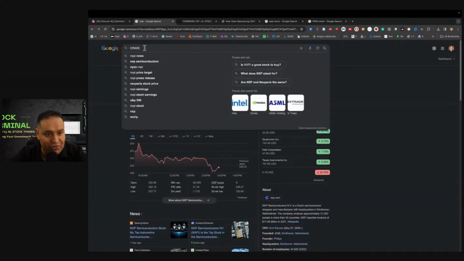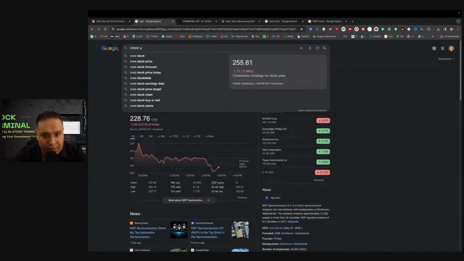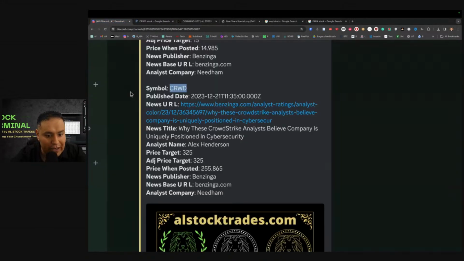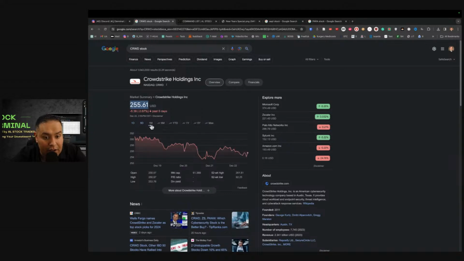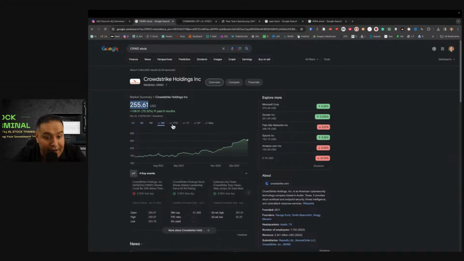So we go CrowdStrike and we put stock. So he posted this at 255. Right now it's at 255. So this might be a good deal. This was just posted. If it does hit 325, we're already up and it's a winning stock, right?